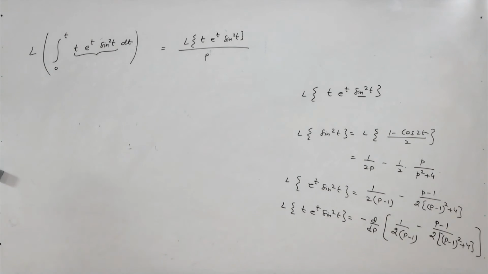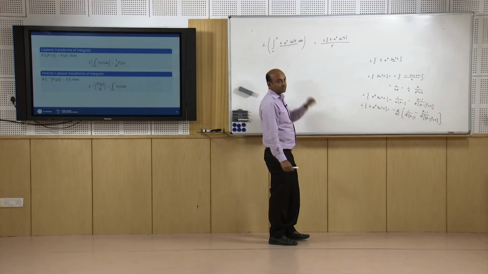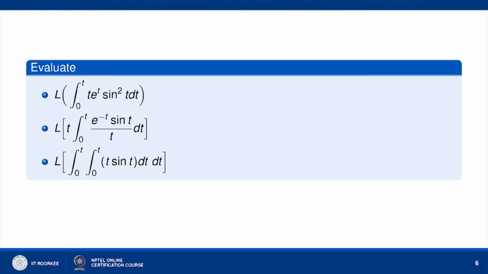So, that divided by p will be the Laplace transform of this expression. Okay. So, in the first expression we have the Laplace transform of this. Now, how to find out Laplace transform of this expression? So, that is also we can find.